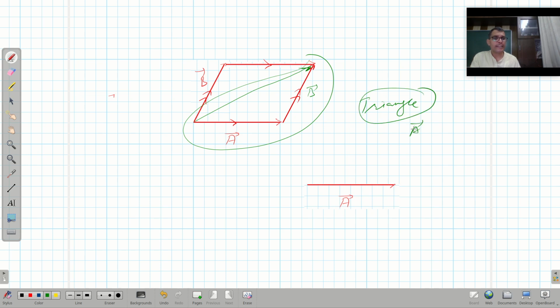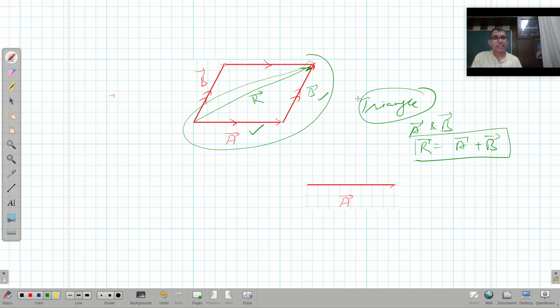Here the A and B vectors, both are not in the same direction, but both the vectors are taken in the same order. So then the resultant is basically the third closing side, which is taken in the opposite order. So this is the resultant vector. So this R is equal to nothing but A plus B vector. This is according to the triangle law of vector addition.